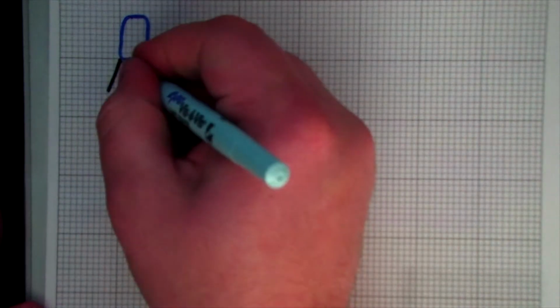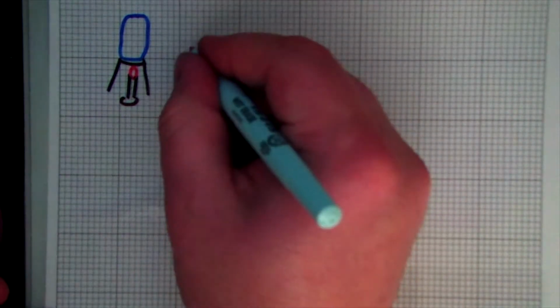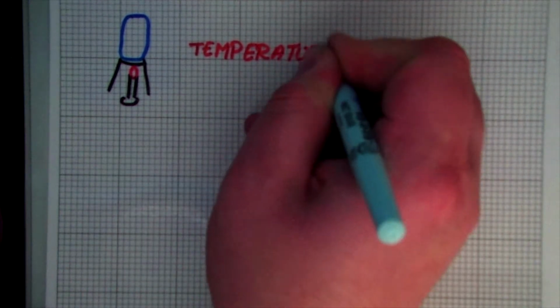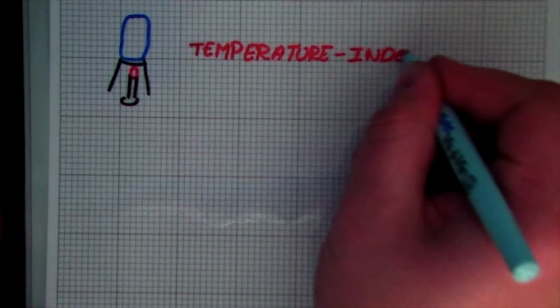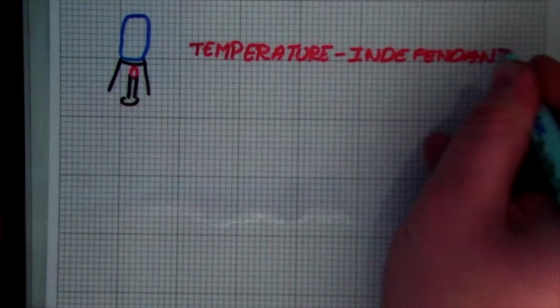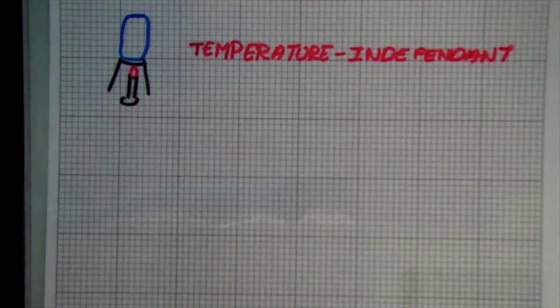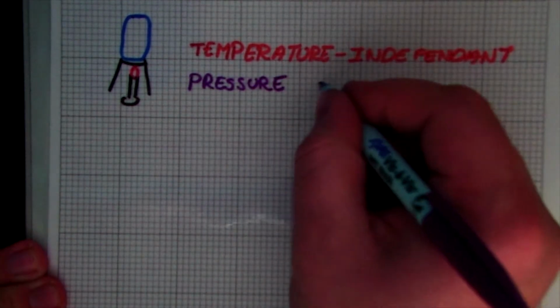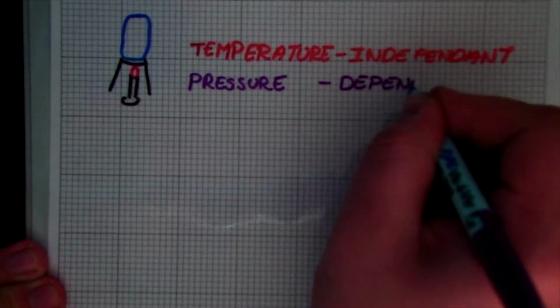When you turn the flame on, that's going to increase the temperature of the gas inside. So temperature is going to be our independent variable, the one that we have some modicum of control over. And pressure is going to be our dependent variable, the thing that we are studying how temperature affects.